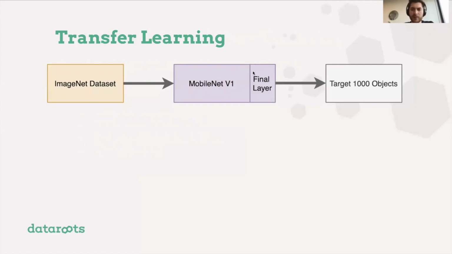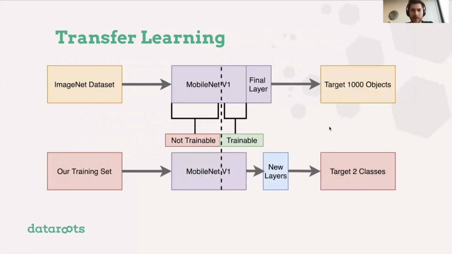I also want to highlight this final layer in the neural network of MobileNet, because this final layer predicts the score of these 1,000 objects. Now we will use transfer learning to predict either masked or not masked. So we will not predict these 1,000 objects.